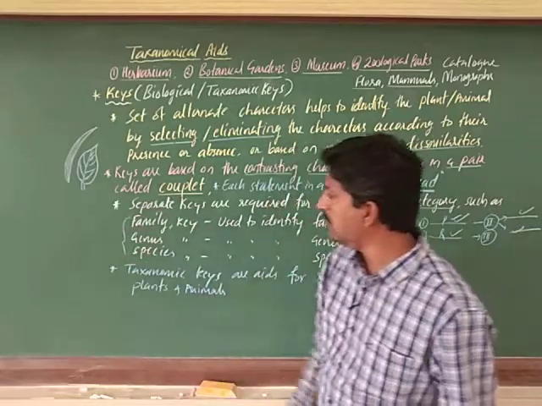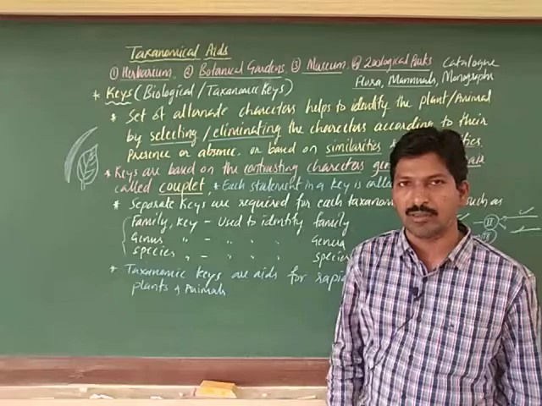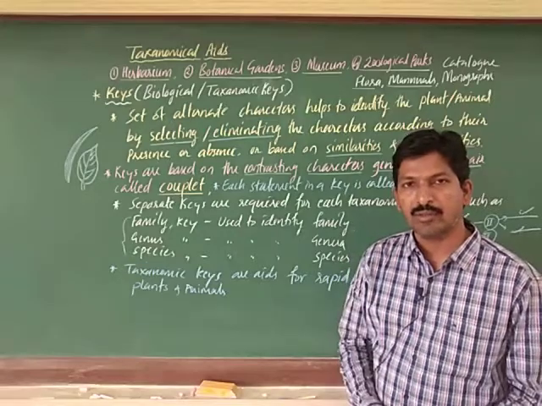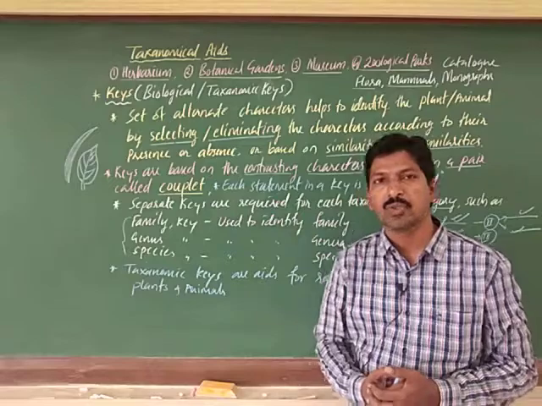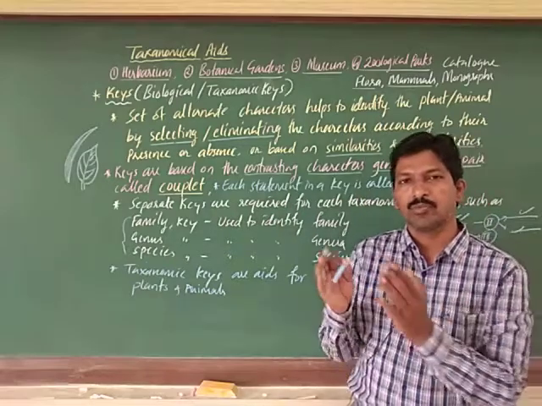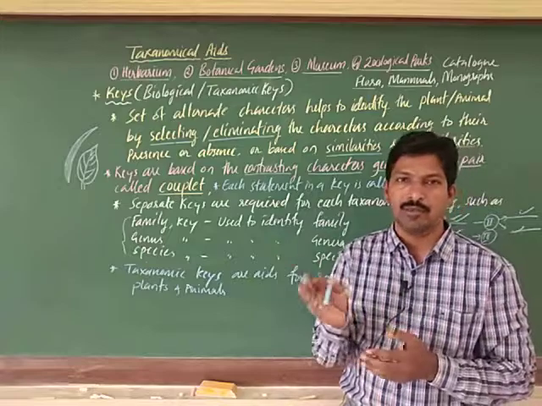So, we can easily identify the higher taxon. Kingdom can be identified, no? Very simply we can identify it when you look at the field. So, a plant can be identified, no? By observing a plant, can we say that it is an animal?